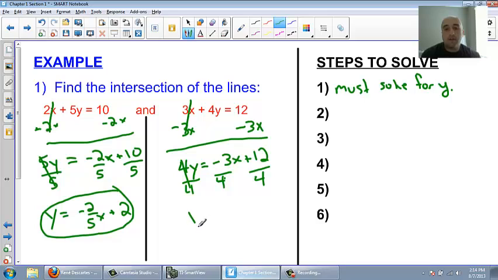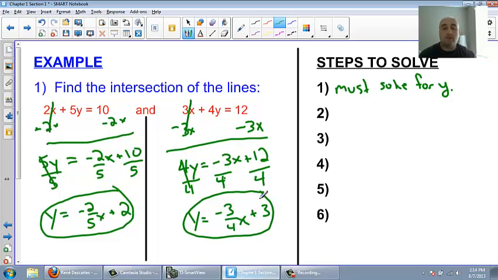The 4's go away. I'm left with y equals negative 3/4 x plus 12 divided by 4 is 3. And there we have it, we have our two equations. That is the first step on how to find the intersection points using the calculator.